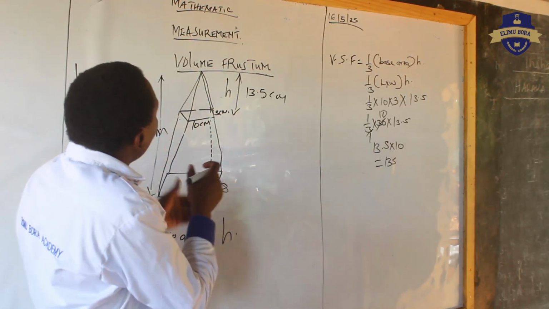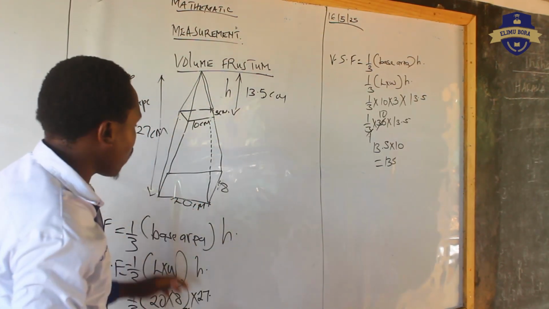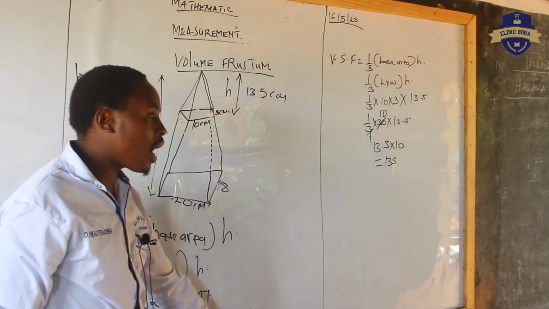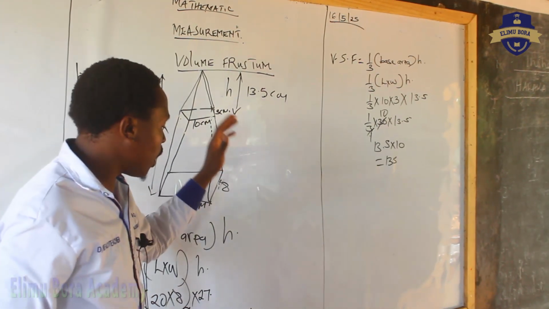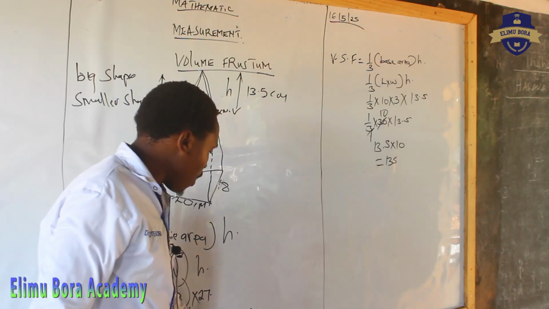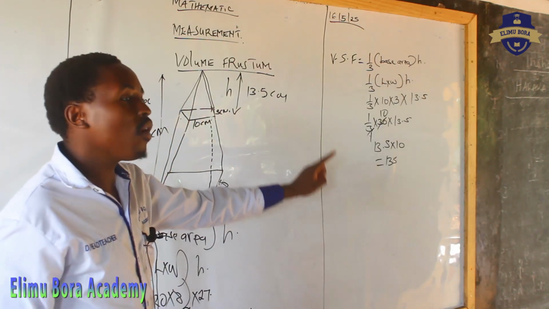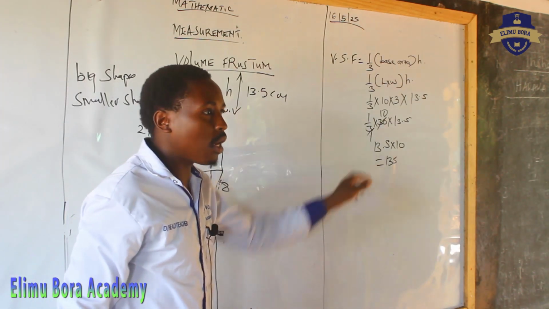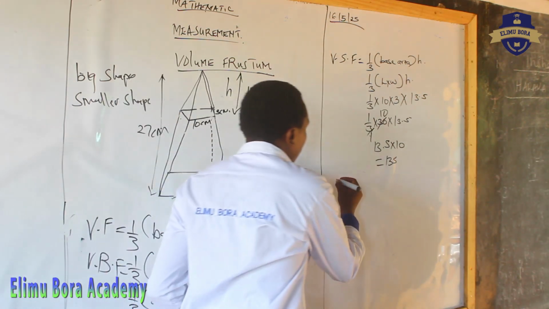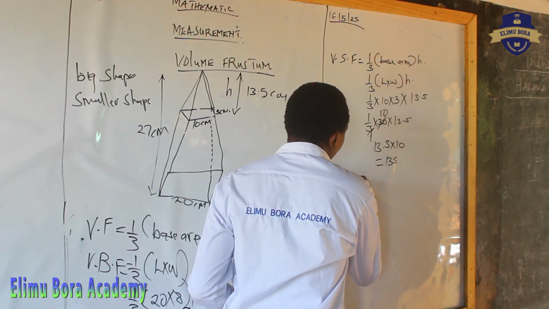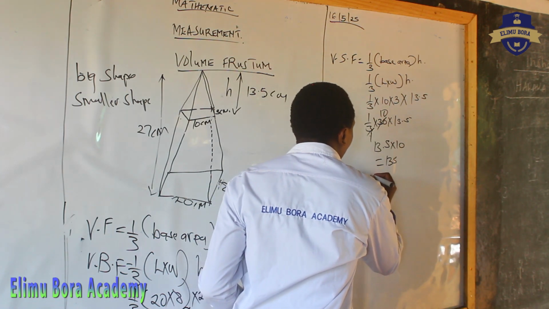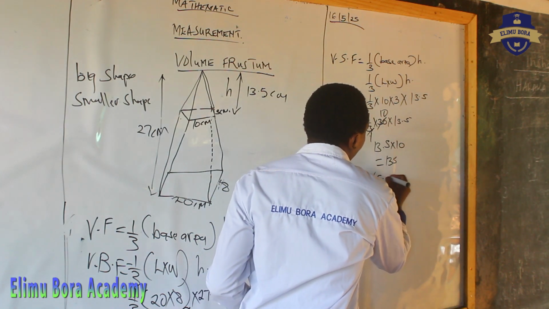So when you are looking for the remaining frustum, we have to take the volume of the bigger frustum and subtract the volume of the smaller frustum, not the area.